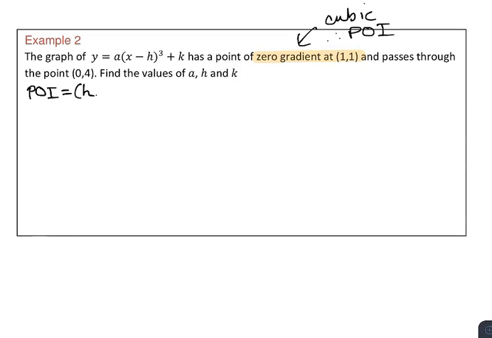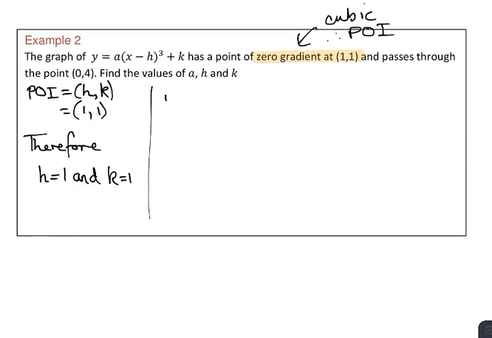That point of inflection will give us 2 of our unknowns straight away. The point of inflection, as we've previously seen, is h, k. So substituting in 1, 1 as that point, we can say that h is 1 and k is 1. So we've actually found 2 of those pieces of information given 1 point.